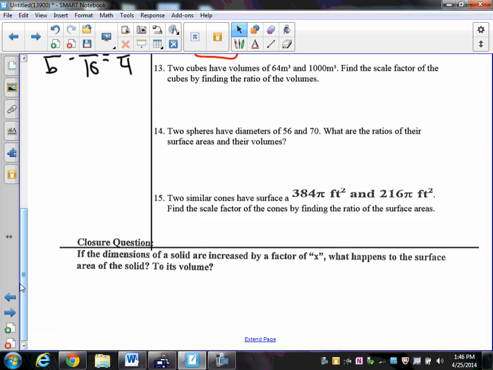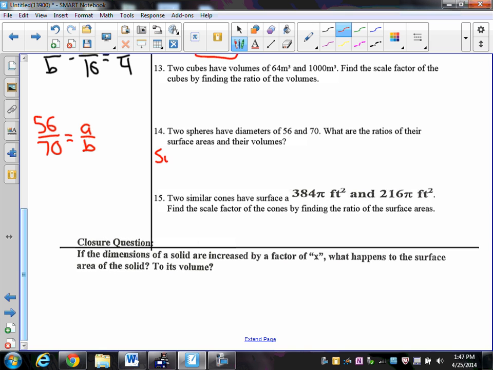So the last one that I wanted to do with you was number 14. We have two spheres that have diameters 56 and 70. What are the ratios of their surface areas and volumes? So we have 56 and 70. That's equal to A over B. So for the surface areas, I want A squared over B squared.